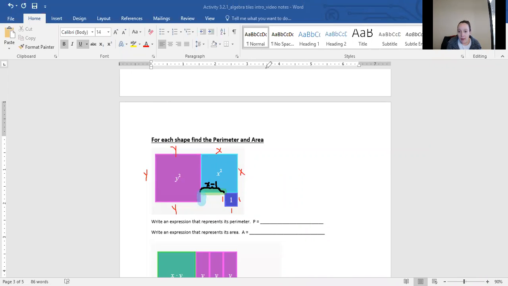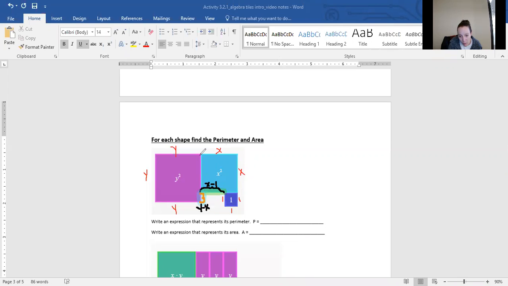So now I need to figure out what is this right here. Well, notice this side used to be y. So from here all the way down used to be y, but guess what's blocking it? That x. So I'm only left with a y minus an x.